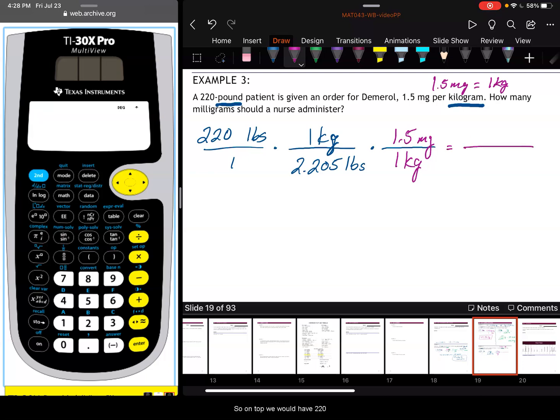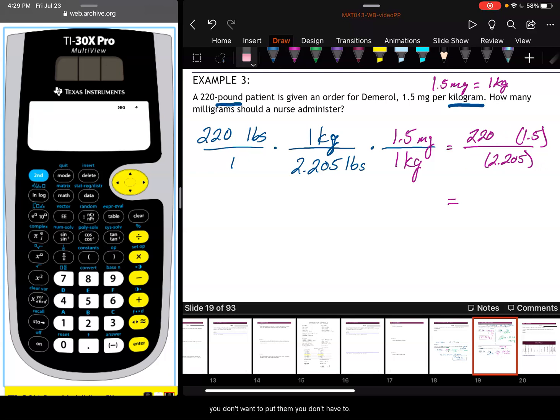So on top we would have 220 times 1 times 1.5. And in our denominator we'd have 1 times 2.205 times 1. So multiplying by 1 isn't really going to change anything, so I don't really need those.